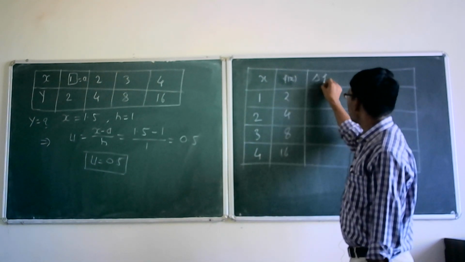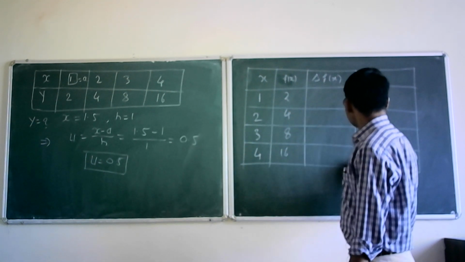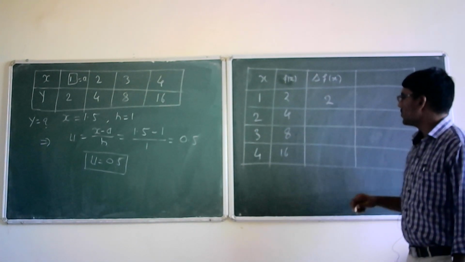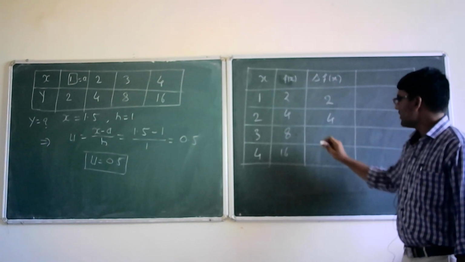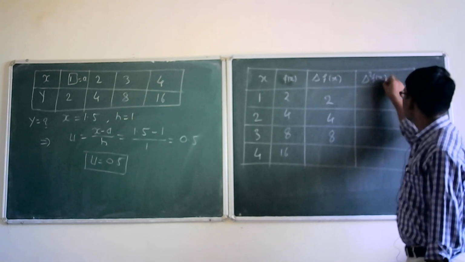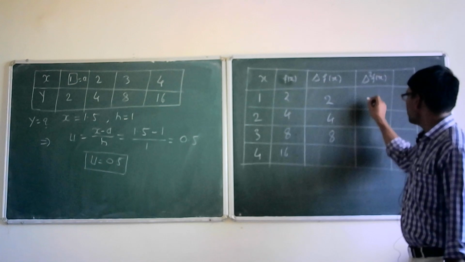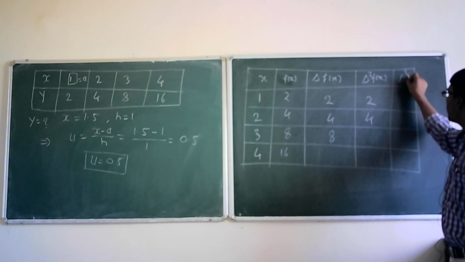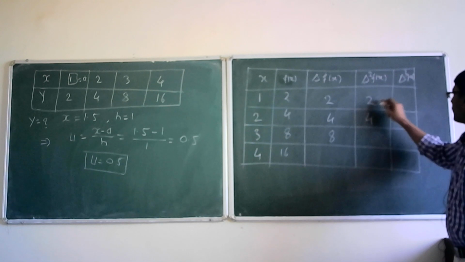So delta f of x is 4 minus 2 is 2, 8 minus 4 is 4, 16 minus 8 is 8. Delta square f of x, the second forward difference: 4 minus 2 is 2, 8 minus 4 is 4, and delta cube f of x is equal to 4 minus 2, which is 2.